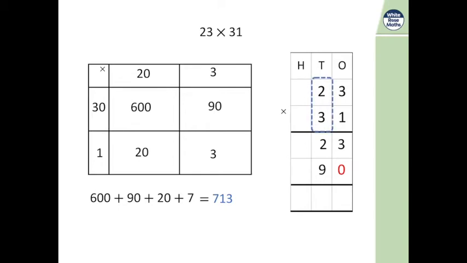Next column. 3 groups of 2. 2 groups of 3. 3 times 2, 2 times 3 is 6. 690. Our last step is to add these together.